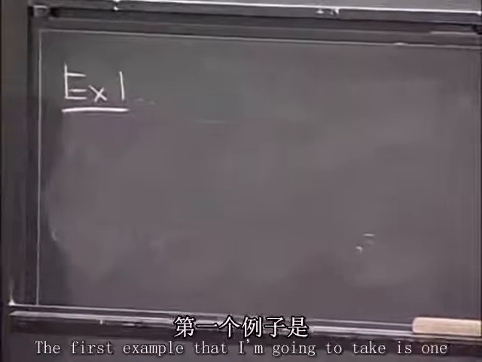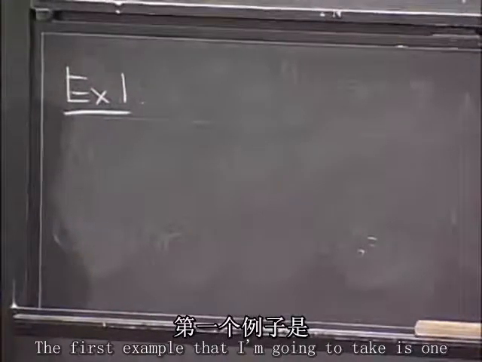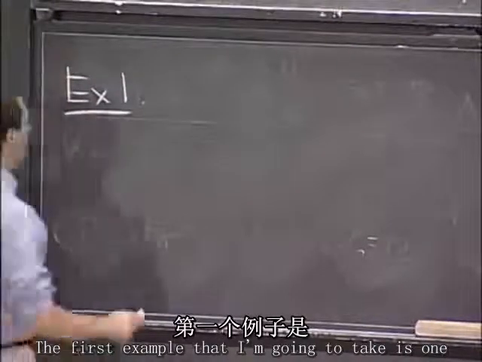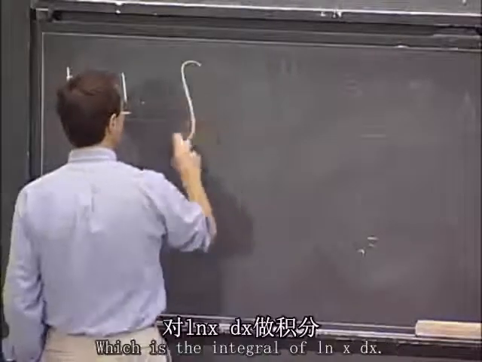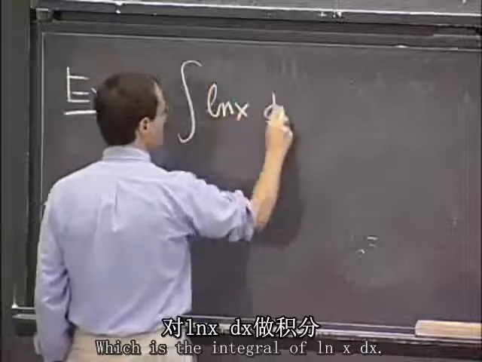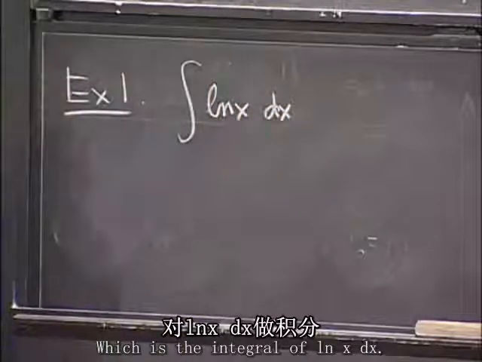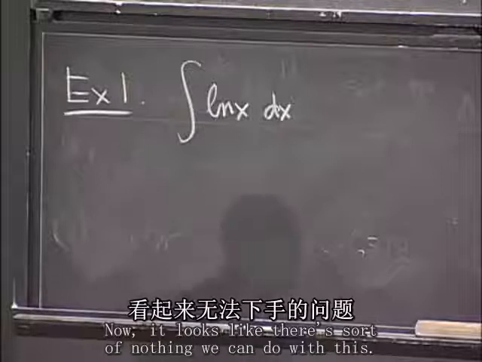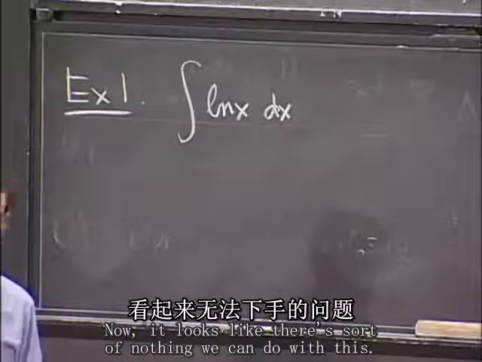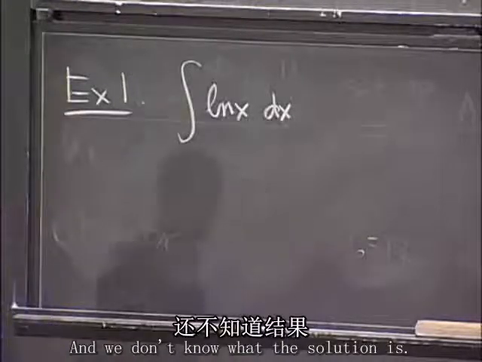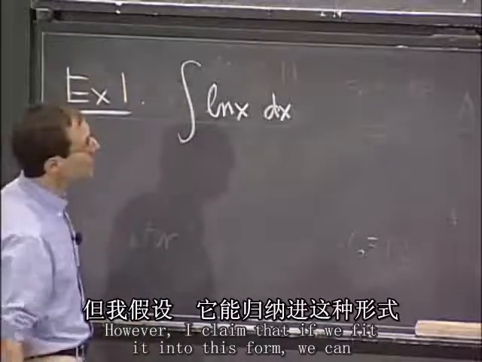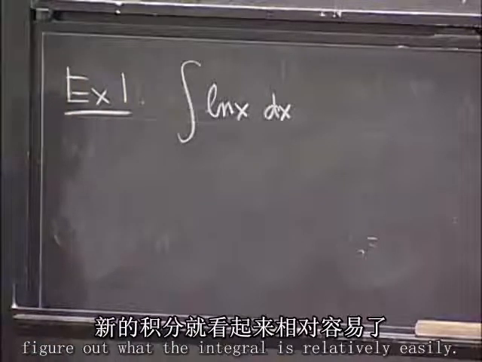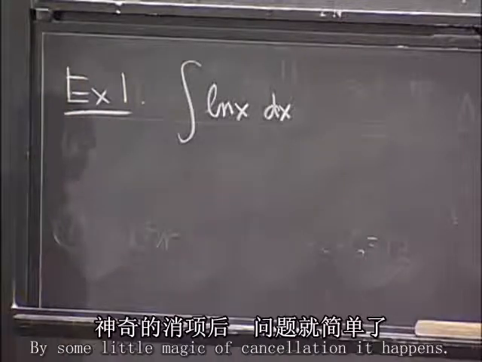The first example that I'm going to take is one that looks intractable on the face of it, which is the integral of log x dx. Now, it looks like there's sort of nothing we can do with this, and we don't know what the solution is. However, I claim that if we fit it into this form, we can figure out what the integral is relatively easily by some little magic of cancellation that happens.